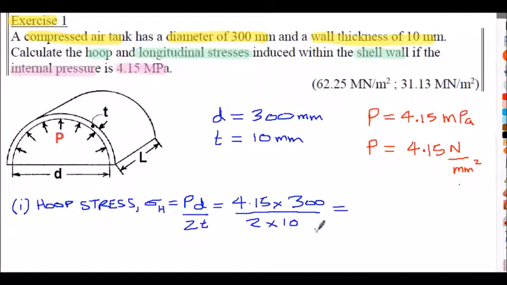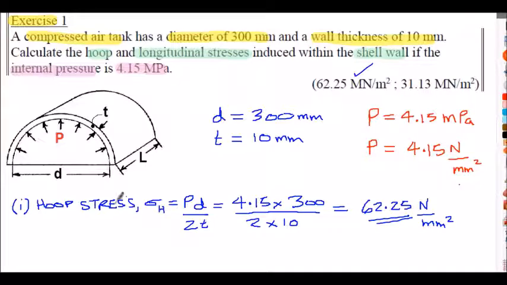I get 62.25 newtons per millimeter squared, but the answer is given in meganewtons per meter squared, and that's the same value. So 62.25 newtons per millimeter squared is the same as 62.25 meganewtons per meter squared.